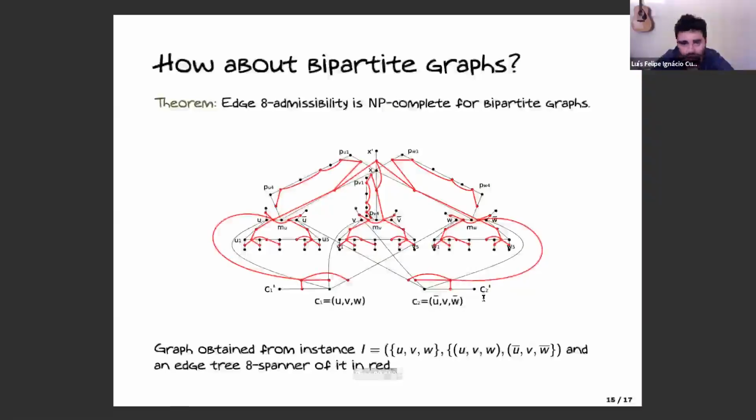So I don't have time to state the details of this proof, but we use a reduction from 3-SAT, and then we have that this graph is edge 8 admissible if and only if its instance of SAT is a yes instance.